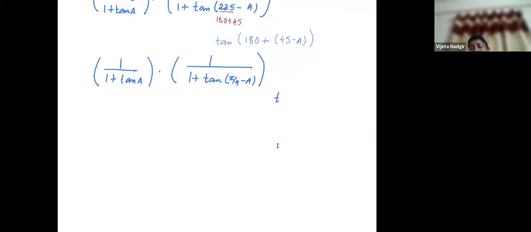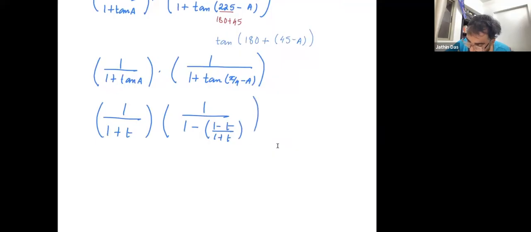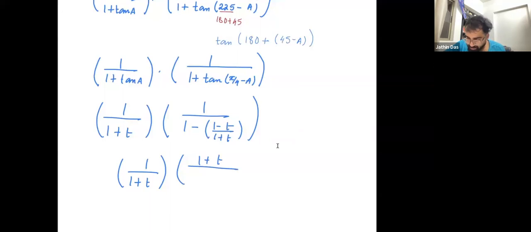So 1 plus, 1 minus tan A by 1 plus tan A, correct. So I'll write like this: 1 by 1 plus t into 1 plus t by 1 minus t. Correct? So it will be 1 by 1 plus t, and 1 plus t goes upper. Okay.